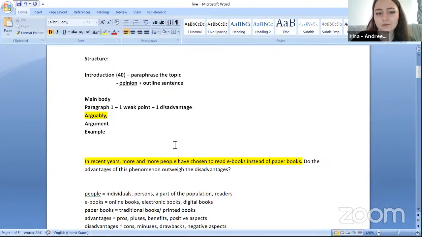What is one disadvantage? That you can't find the paper books in the library all the time. And you have to develop more.